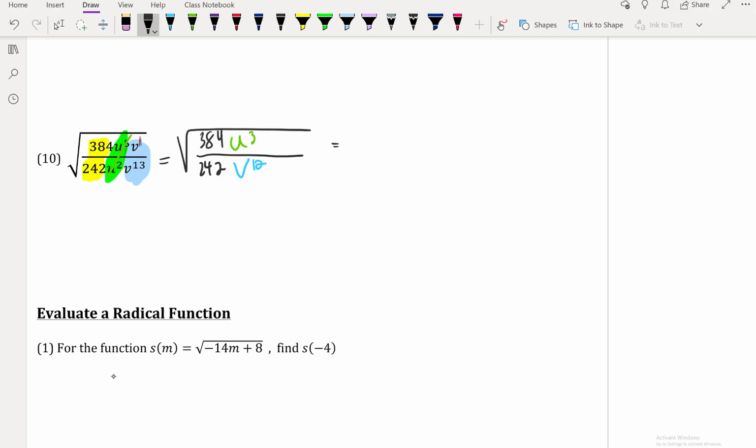So I'm going to split it. I'm going to say that it's two different fractions. So in my numerator, I'm going to have the square root of 384u to the third power. And down at the bottom, I'm going to have the square root of 242 and v to the 12th power. So that's going to make my life a little bit nicer.